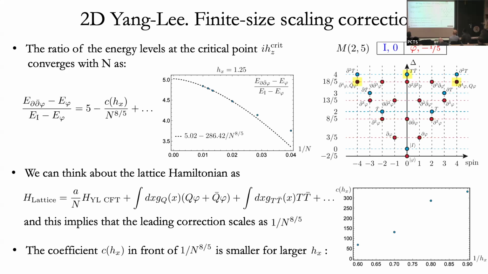Is there some theoretical reason that you get this large number when it's close by? I'm not aware. It diverges as hx goes to the critical point. We know it's bad to merge Yang-Lee with Ising CFT, so you don't want these two critical points to be right on top of each other.